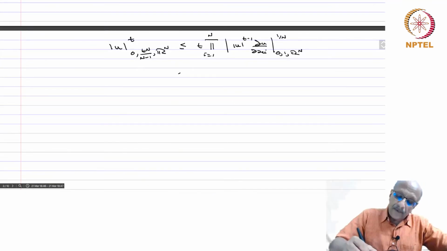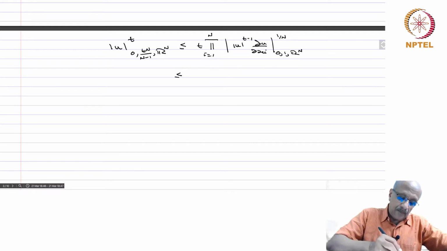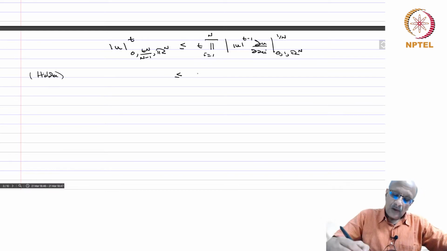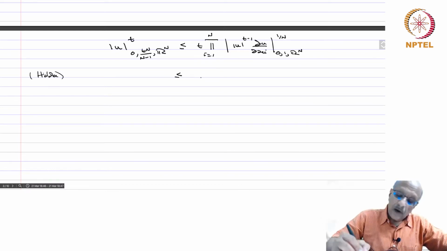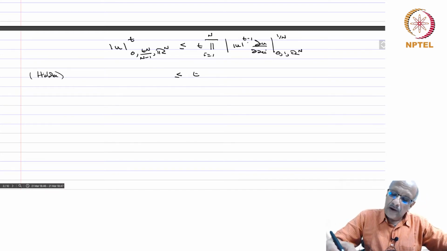Now you apply Hölder's inequality here. So this is less than or equal to t times the L^(p') norm of |u|^(t-1), and for du/dx_i I am going to take the L^p norm.